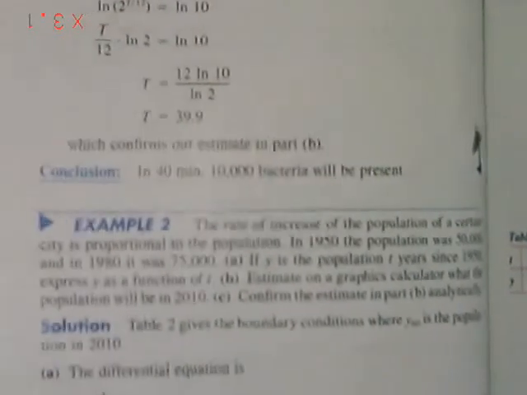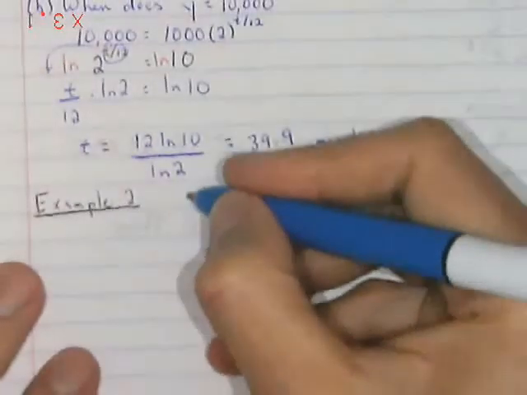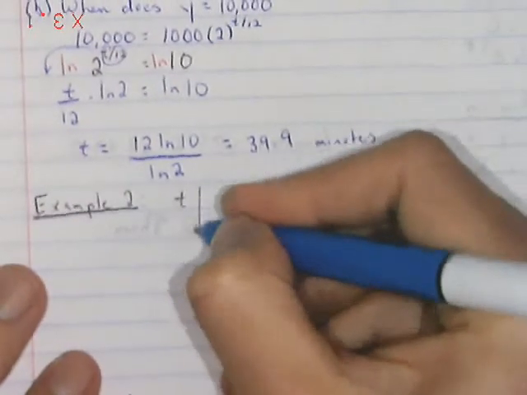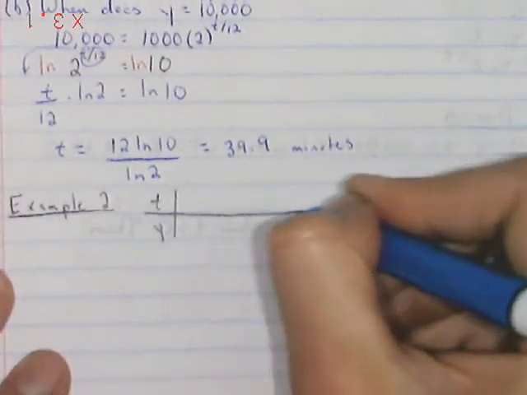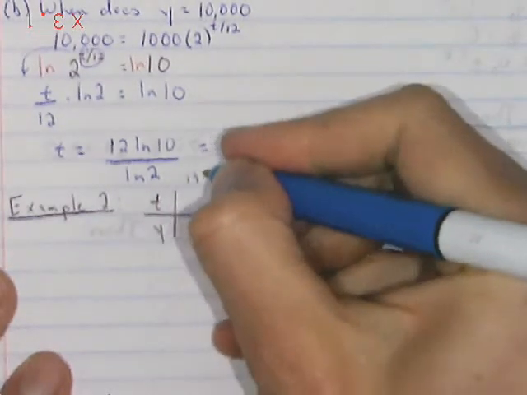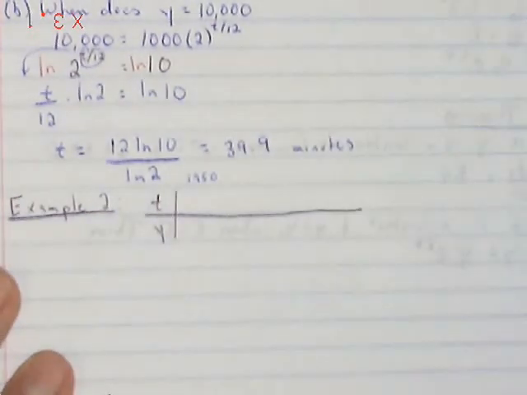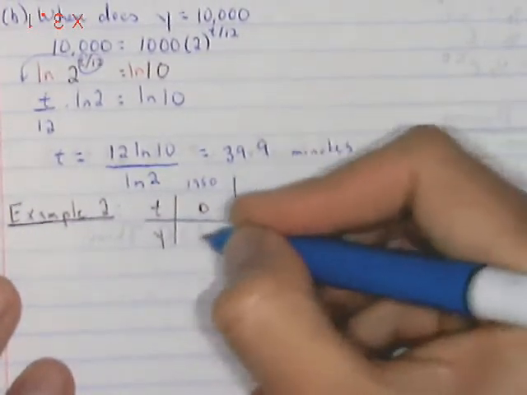Okay, well, let's set up our t-chart. We've got t, we've got y. In 1950, which was time 0, we had 50,000 people.